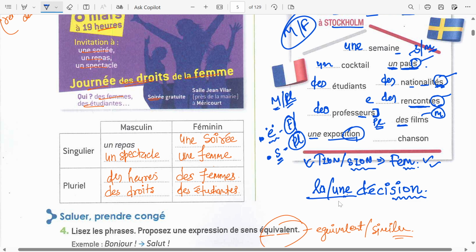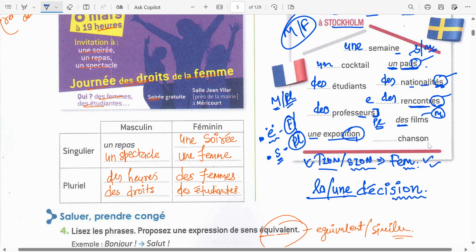So une décision, or you can say la décision du gouvernement, the decision of government. If you say I am going to make one decision, it's je vais faire une décision. Or the decision which I took, la décision que j'ai prise est très mal, or très bien, or c'est parfait, it's perfect. So la décision or une décision, the same thing, TION and SION.